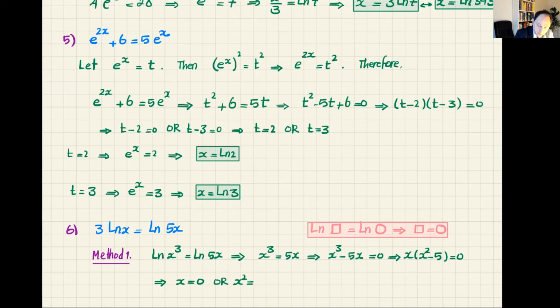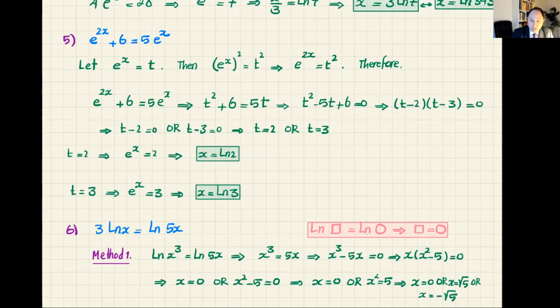The second one is 0 means x squared minus 5 is equal to 0. So either x is equal to 0 or x squared is 5. But x squared is 5 gives me 2 more, yes? So finally x is equal to 0 or x is equal to the square root of 5 or x is equal to minus square root of 5.